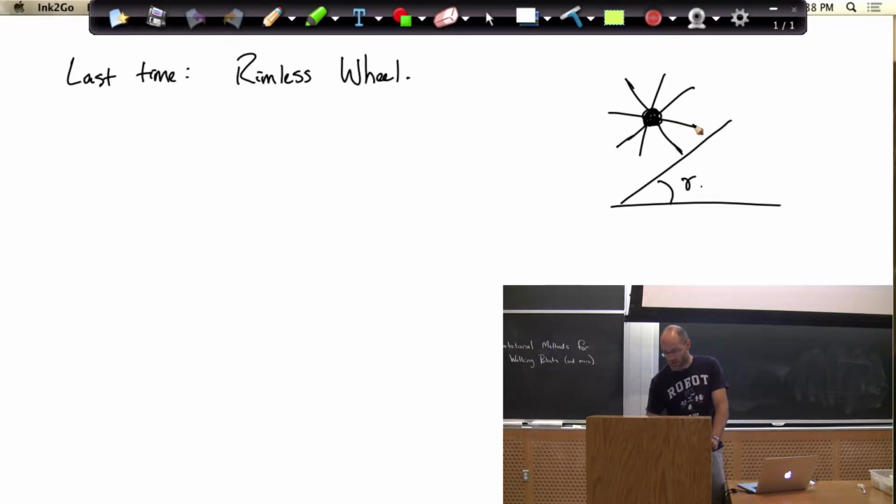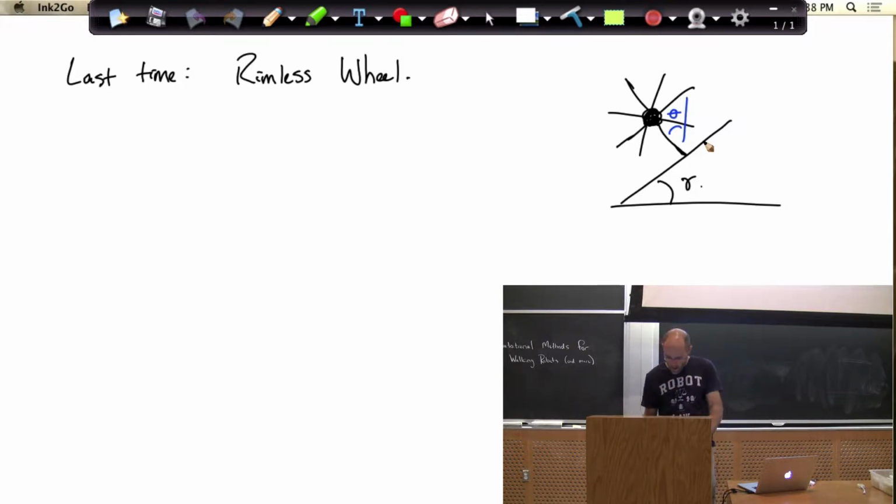That was rolling down the hill. And one of the remarkable things about that system was that even though it was completely passive, it quickly fell into one of two stable solutions. One of them was standing still, and the other one was stable periodic motion. Even if it was started very quickly, it would slow down and it would always roll at the same speed, right?